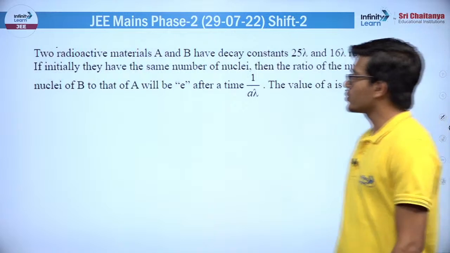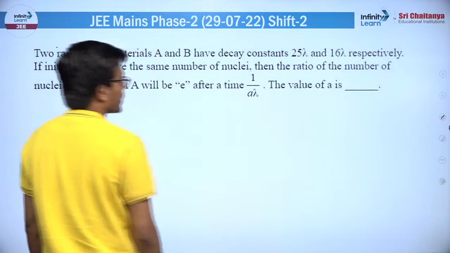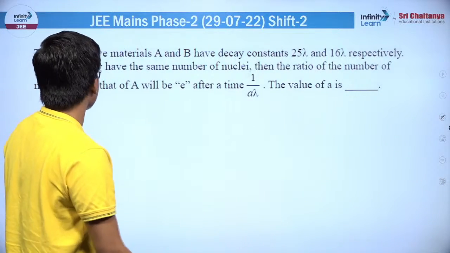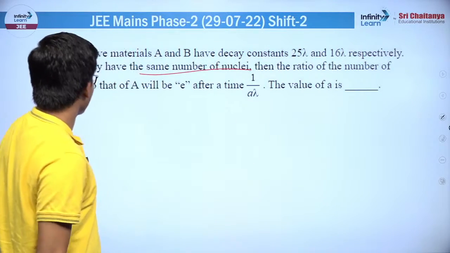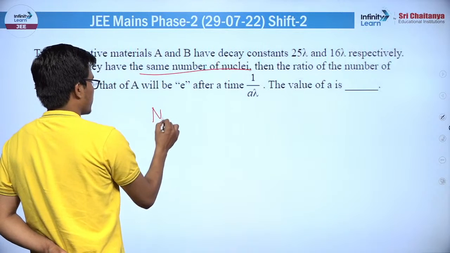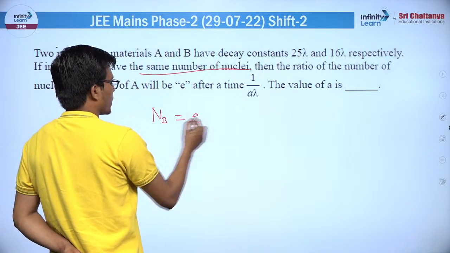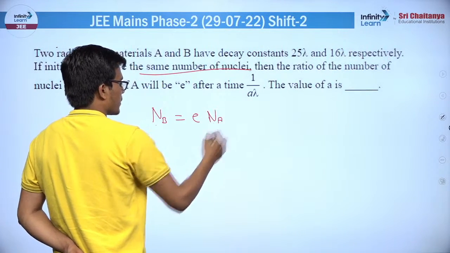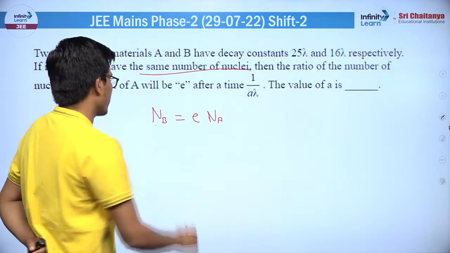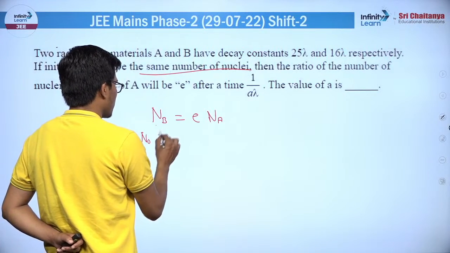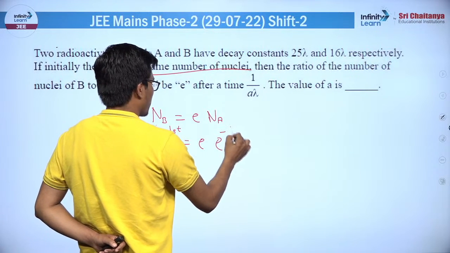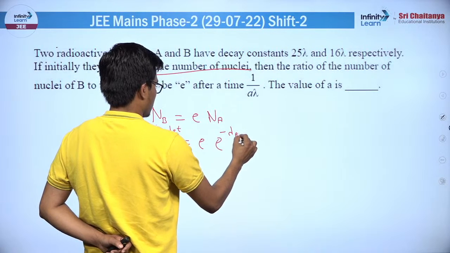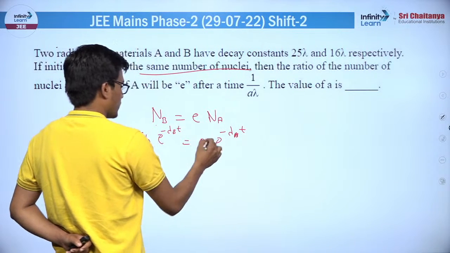Moving to the next question, two radioactive materials A and B have two different decay constants given. Initially they have the same number of nuclei, then the ratio of the number of nuclei of B to A is given to you as e, meaning the number of nuclei of B is e times the number of nuclei of A. This you can write N naught e to the power minus lambda B t is equal to e times e to the power minus lambda A t, N naught.